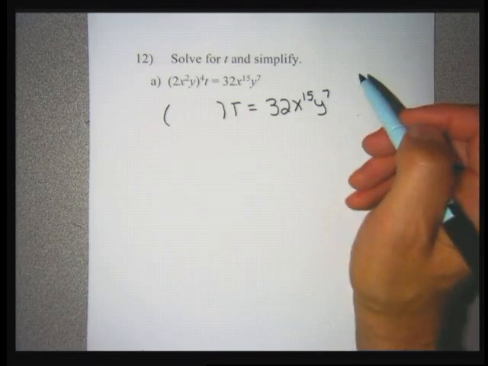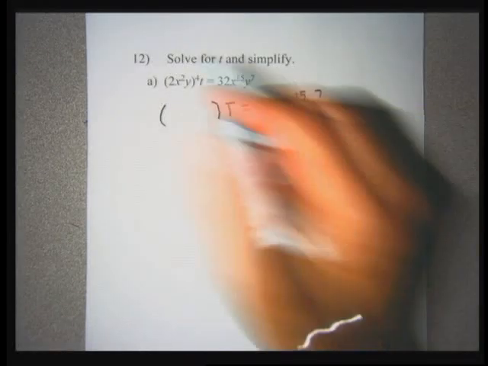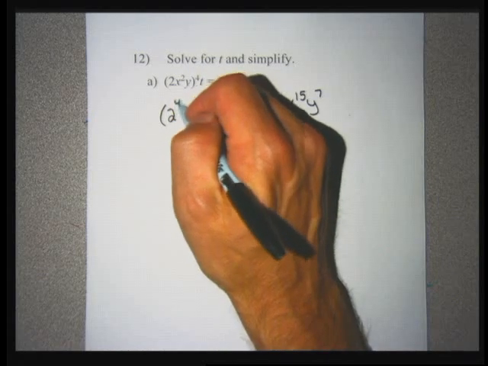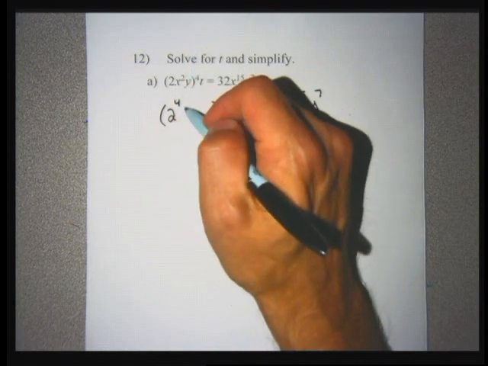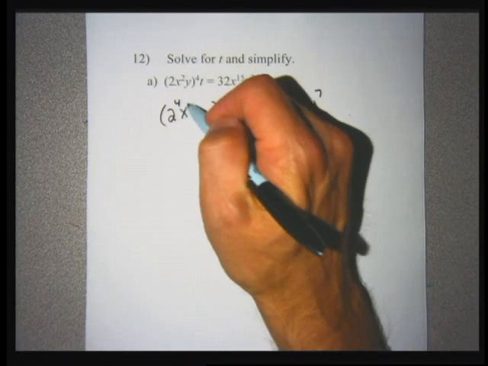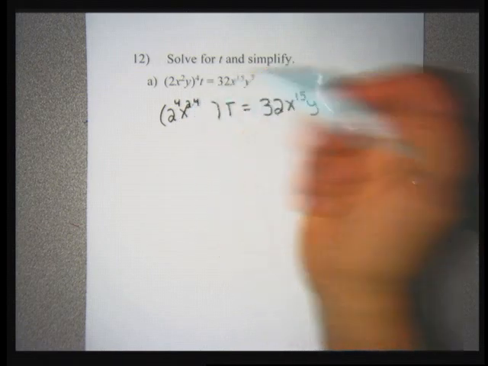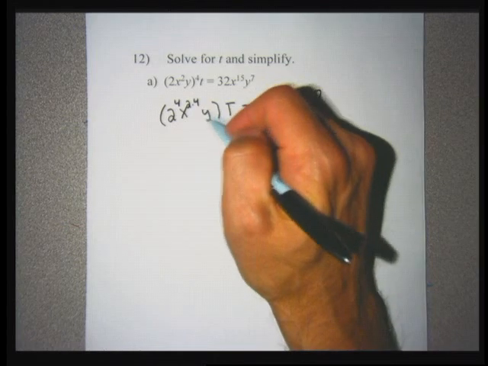And I do that by raising everything inside the parentheses to the fourth power. So the 2, I'm going to raise it to the fourth power. And because the x has an exponent, and because there isn't any adding or subtracting inside the parentheses, I'm going to multiply the exponent of the x by 4. And then for the y, I'll raise it to the fourth power as well.